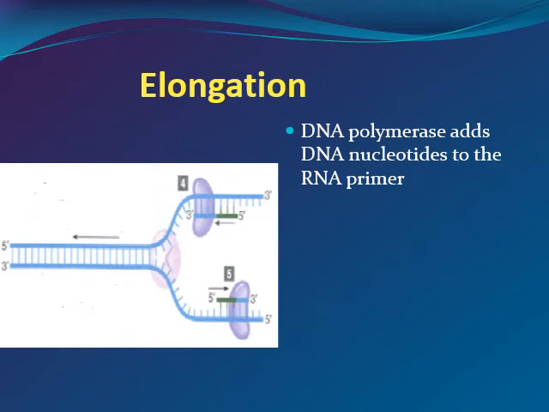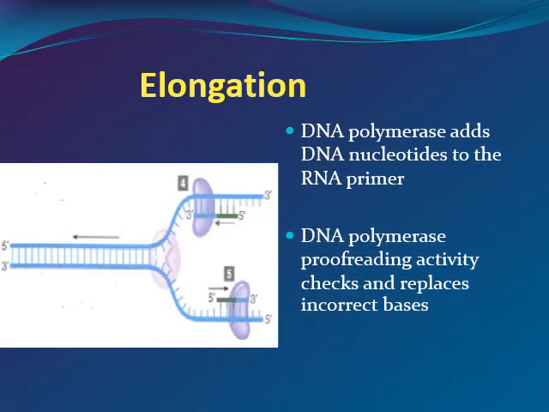In the elongation step, the DNA polymerase attaches at the free end of the primer and starts to add DNA nucleotides. The parental strands act as a template and the new strand grows as hydrogen bonds form between the complementary bases.